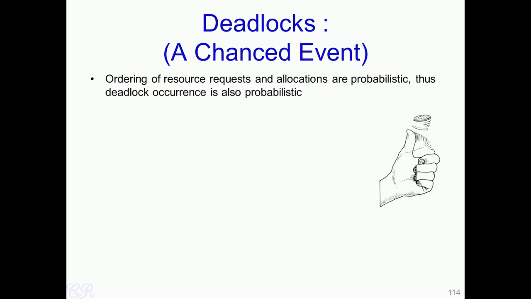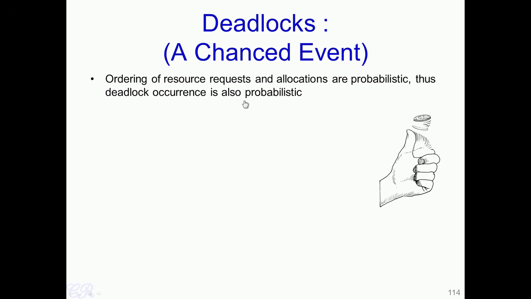So, this being said, a deadlock in a system is a chanced event. Essentially, it depends on several factors such as the way resources are requested by processes, the way allocations are made for these resources, the way deallocations are made by the operating system, and so on.